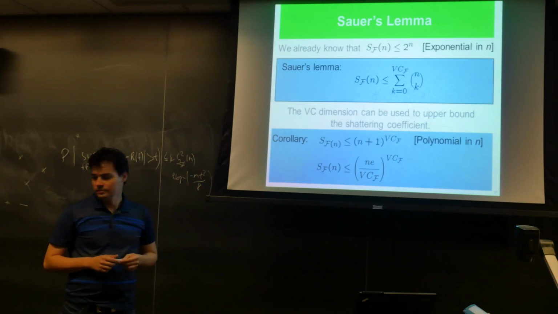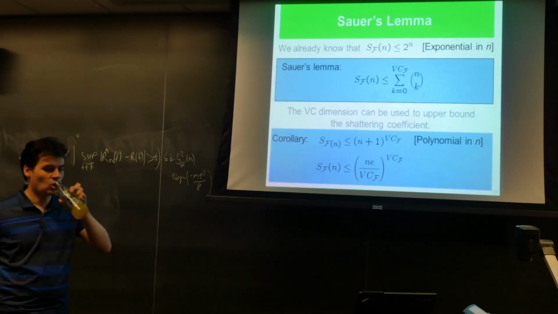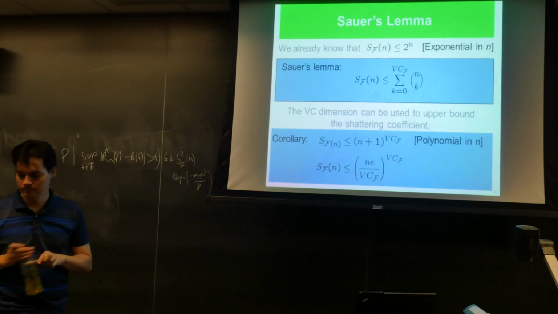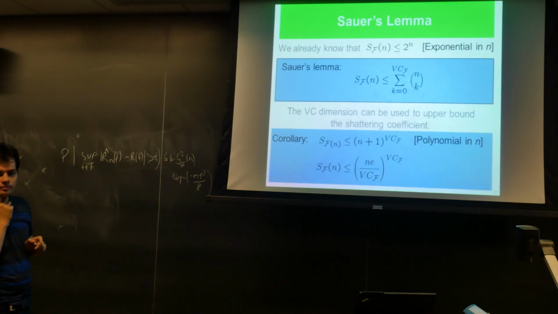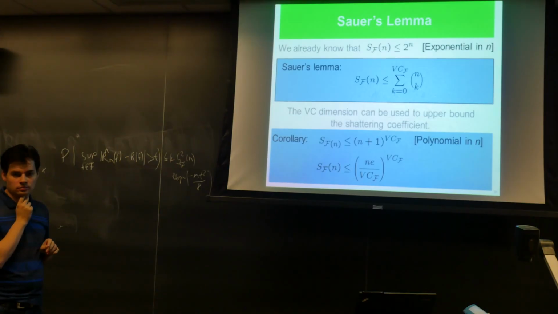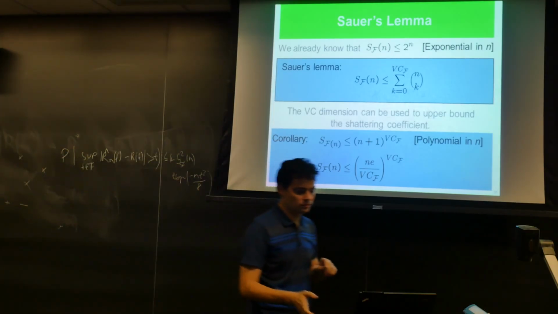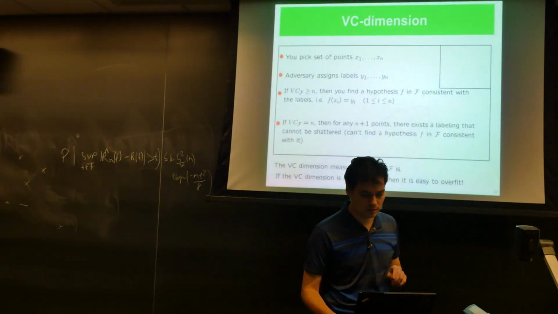But on the other hand, the smaller the VC dimension is, the farther your true risk is from the true risk of the best function.